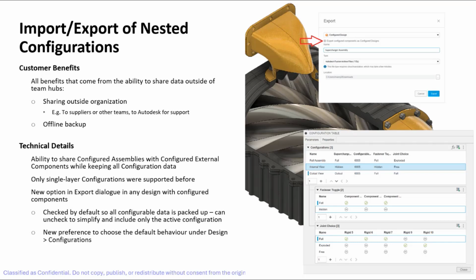Only single-layer configuration was supported before. Now there is an option in the export dialog in any design with configured components. It is checked by default, so all configurable data is packed up. You can uncheck it to simplify and include only the active configuration. There is a new preference to choose the new behavior under Design Configurations.